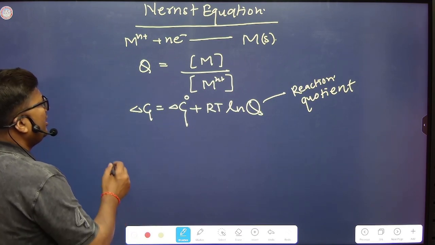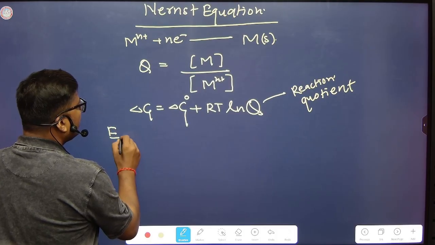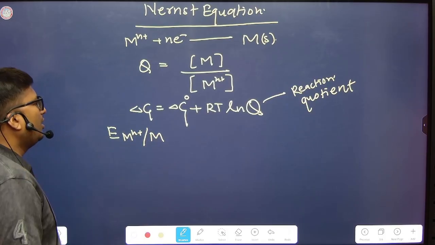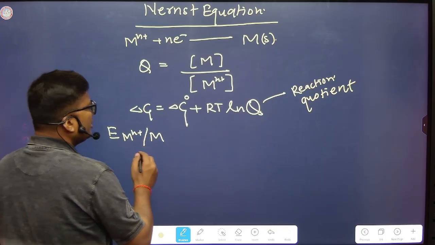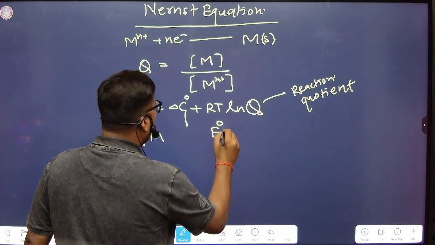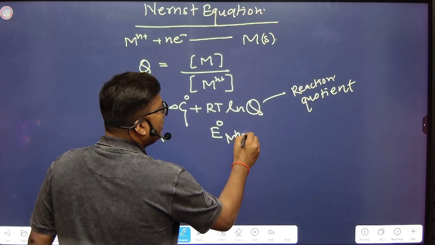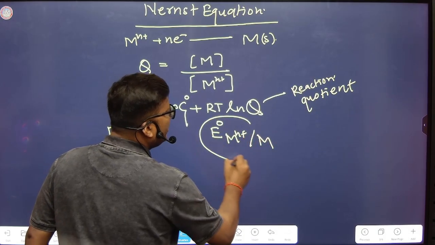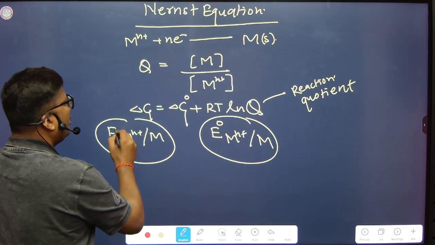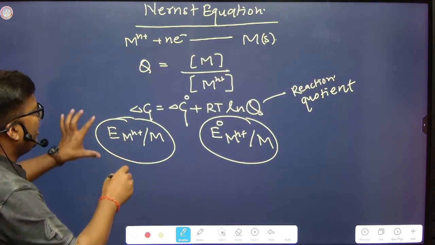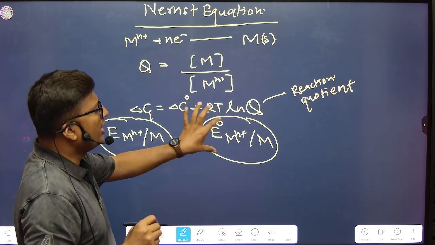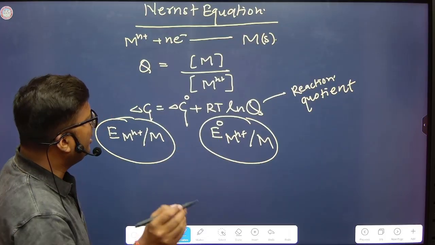So reduction potential means E of M n plus to M. So this is the reduction potential at any temperature, and at standard state this is E naught M n plus to M. So this is the standard reduction potential, at 298 Kelvin temperature. Clear?